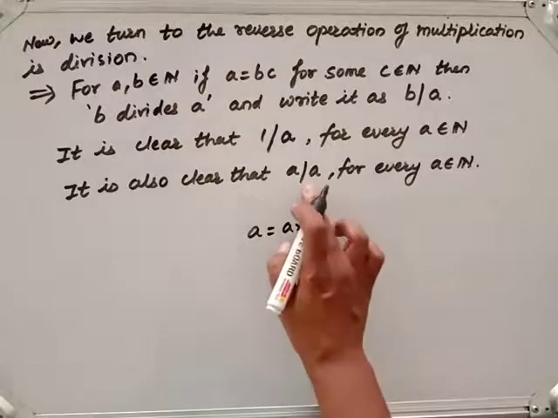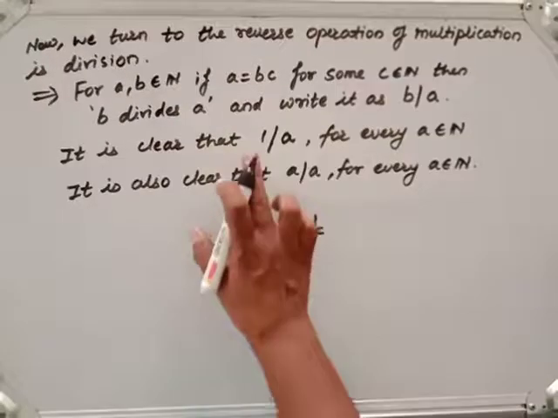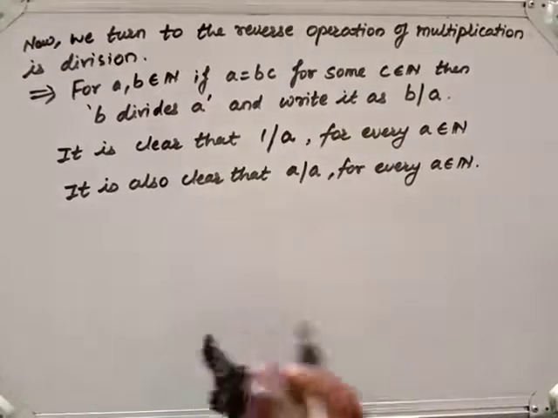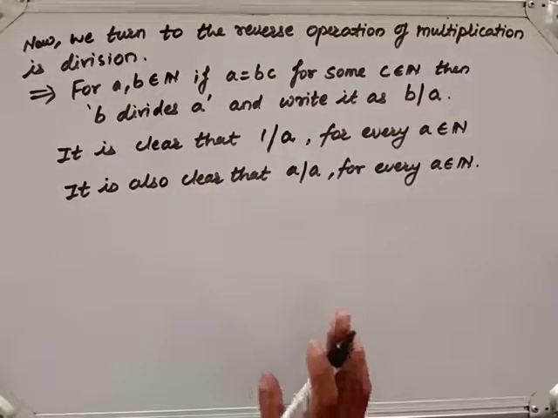So this is also a God-given divisor. So 1 and a are God-given divisors, always the divisors of any number.